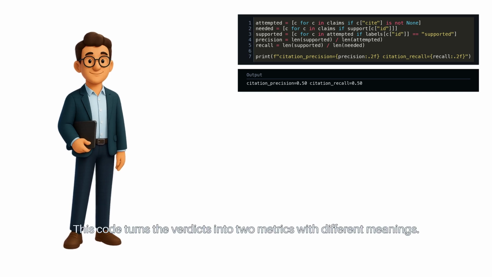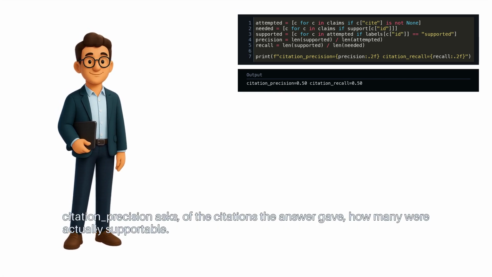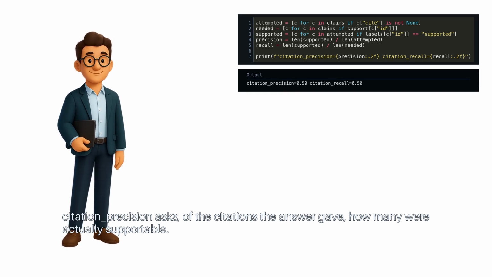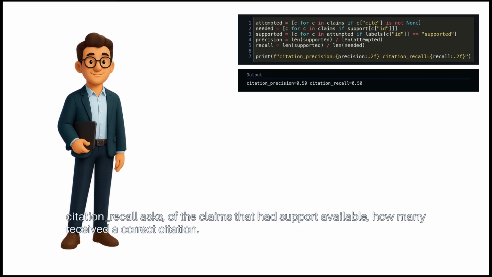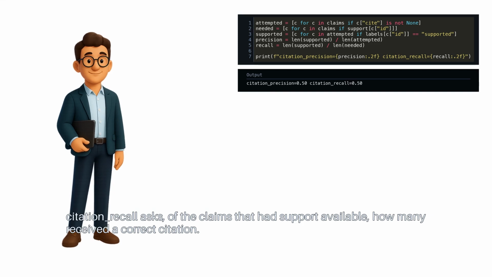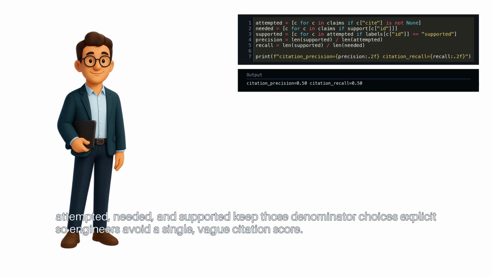This code turns the verdicts into two metrics with different meanings. Citation precision asks, of the citations the answer gave, how many were actually supportable? Citation recall asks, of the claims that had support available, how many received a correct citation? Attempted, needed, and supported.